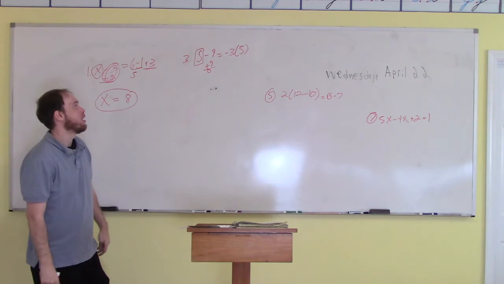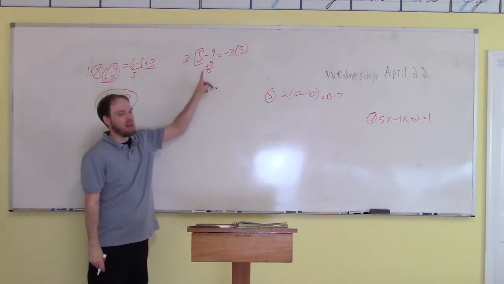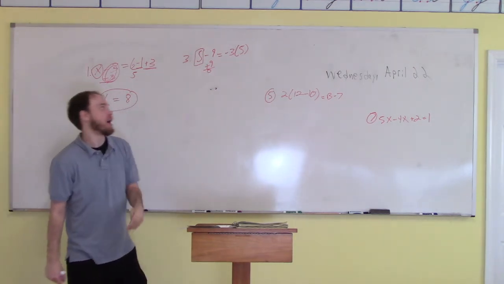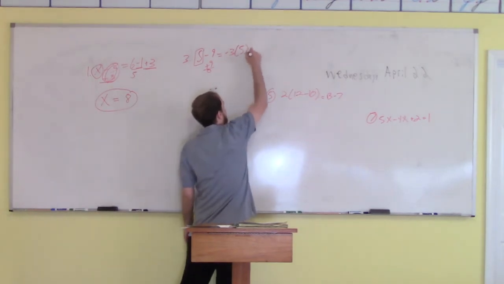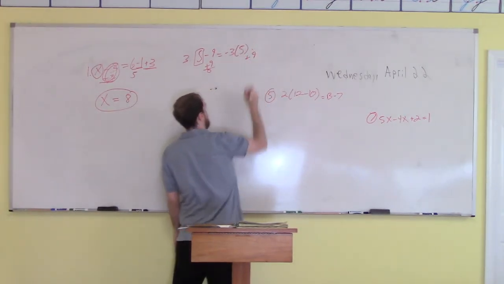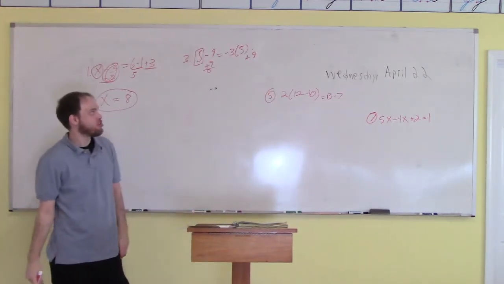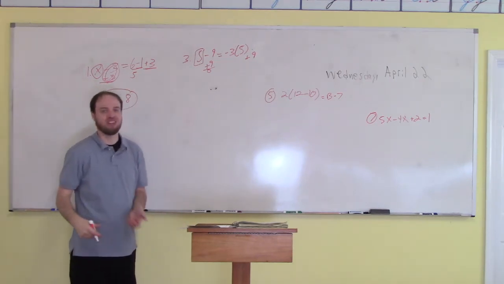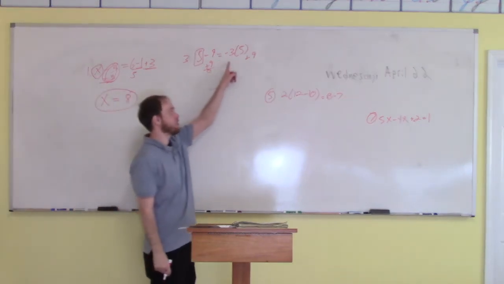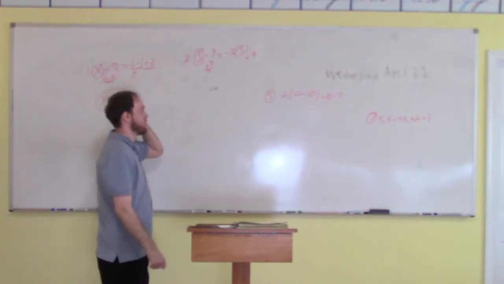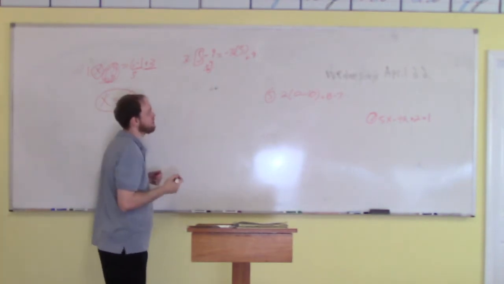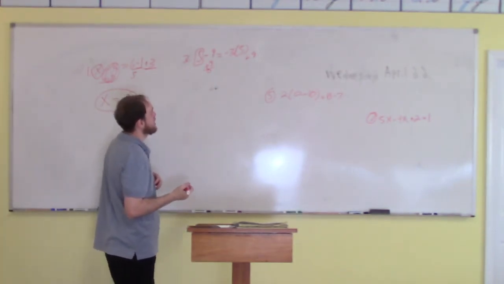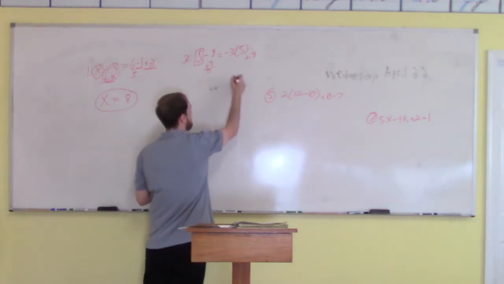And then if I added 9 on the left, that means I have to add 9 on the right. And so I'm going to have to add 9 over here to the right as well. And so order of operations here says do multiplication and then addition. And so I have to do the negative 3 times 5 first. And so negative 3 times 5 would be what? Negative 15.